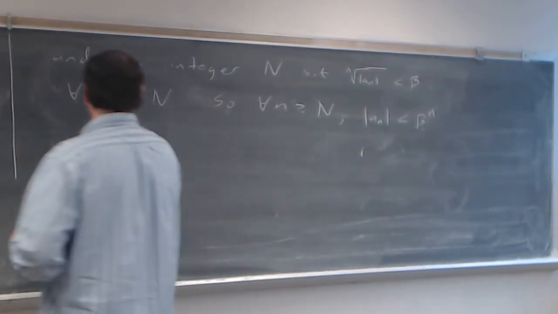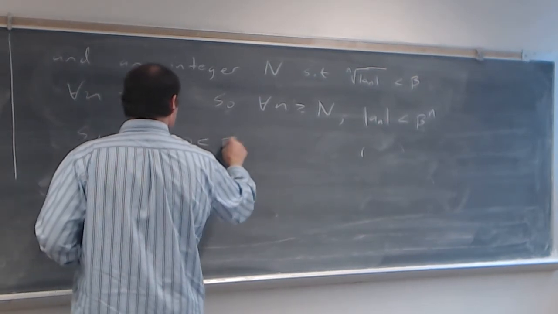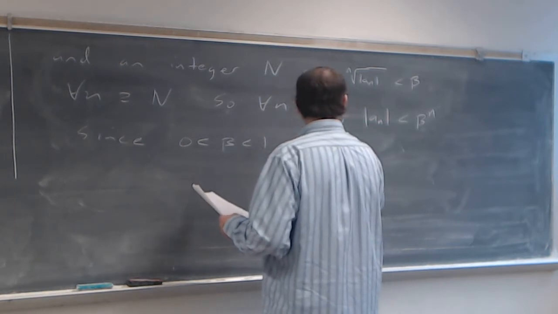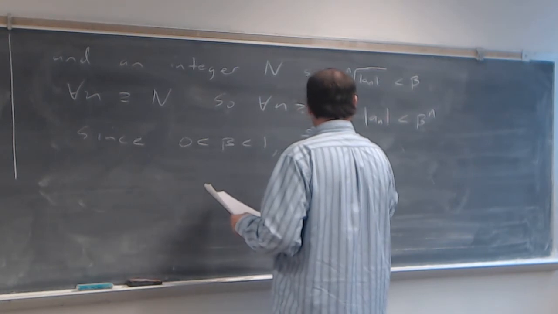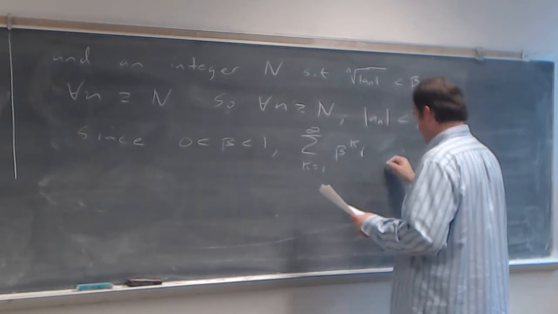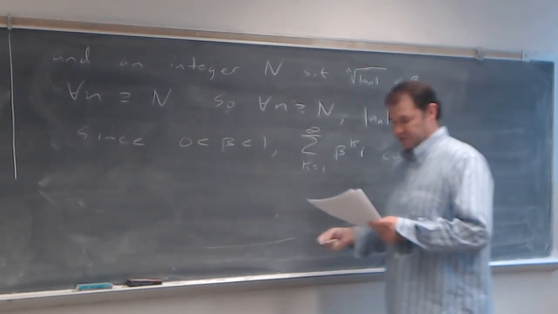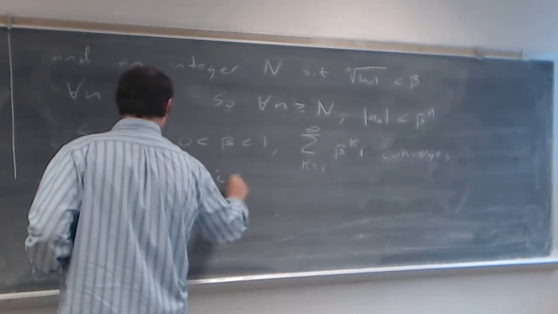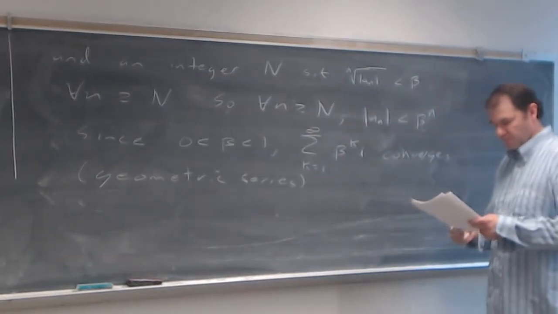Now, since 0 is less than beta is less than 1, then the series, the sum as k runs from 1 to infinity of beta raised to the k, converges. And it's a geometric series. Okay. So that's the reason it converges.